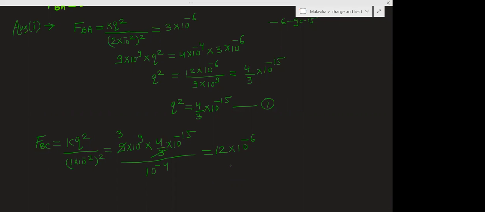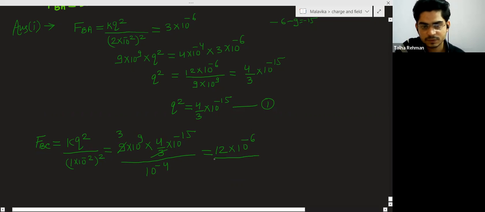Yes, sir. Fine now? Yes, sir. Very good. So this will become 10 to the power minus 4. So after that, we will get 12 into 10 to the power minus, sorry, one minute, minus 6. This is 10 to the power minus 4. So this will become 12 into 10 to the power minus 2 Newton.